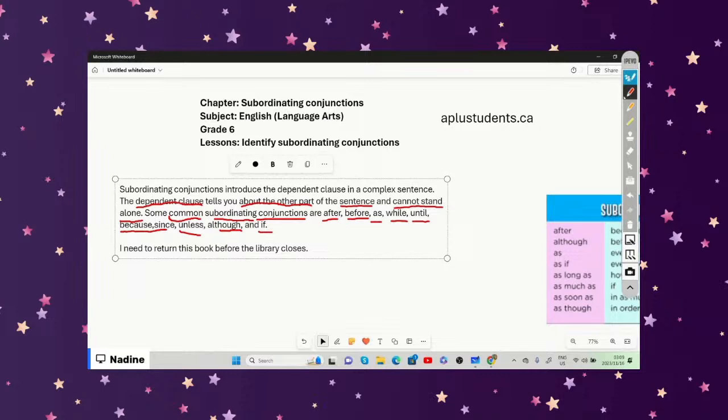So those are our subordinating conjunctions. An example is: I need to return this book before the library closes. So basically, before is our subordinating conjunction, and before the library closes is our dependent clause.